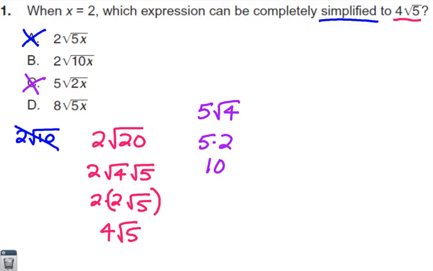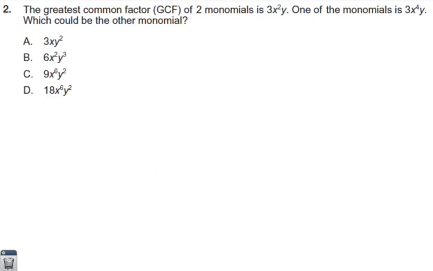And then for choice D, if I let x equal 2, I'd be getting 8 root 10, which we saw when we checked out choice A. Root 10 doesn't even simplify at all. So of course, it was B. Just checking each answer one at a time.